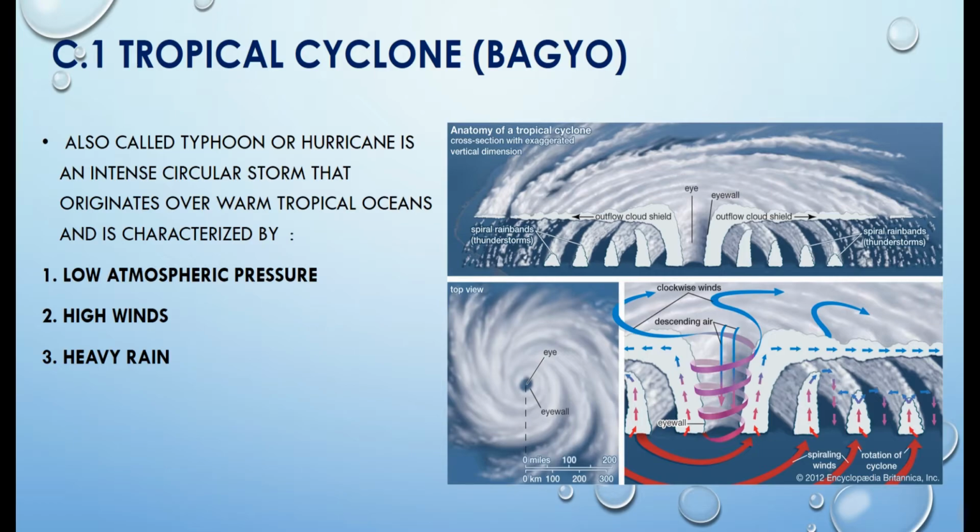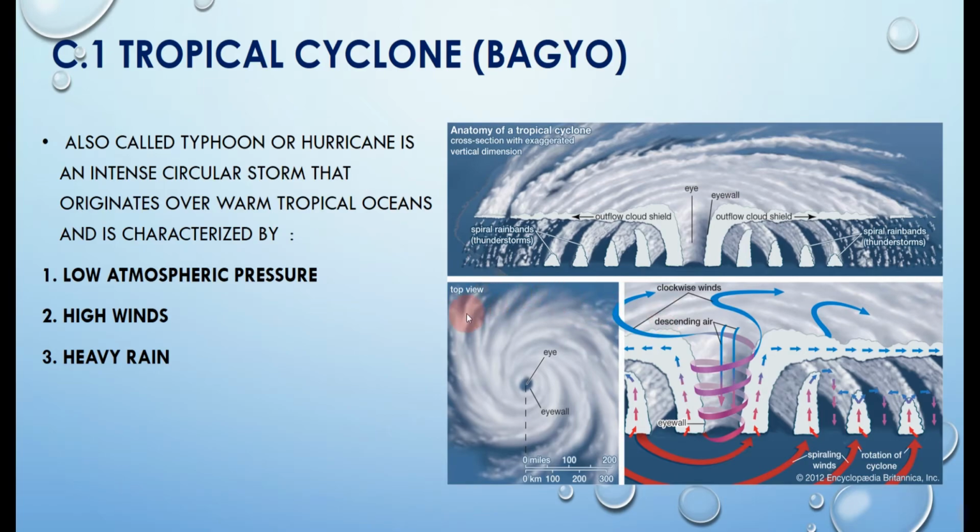And a tropical cyclone can only exist or be formed in the ocean, and it dissipates rapidly on land. So, this is the cross-section of the tropical cyclone, or the anatomy of the tropical cyclone. This is the eye of the typhoon that they mention, and around the eye is the eye wall.